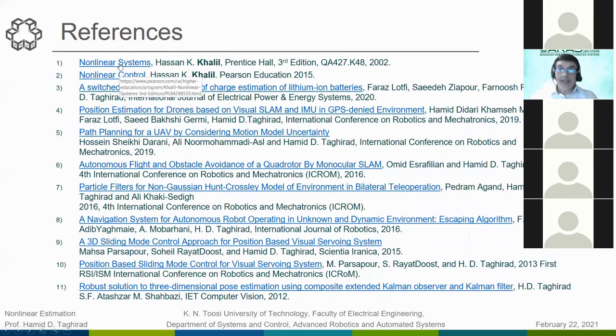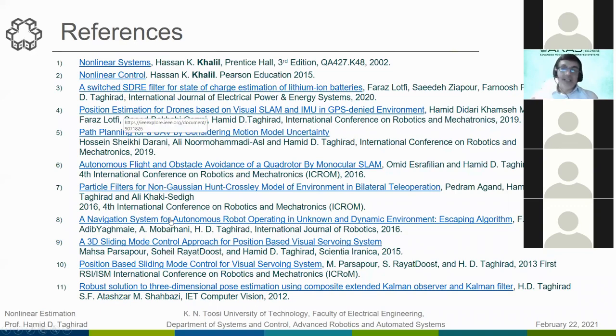All of them have the hyperlink where you can get the papers or the books from the internet. And these are just a few of our papers from 2020 to 2012.